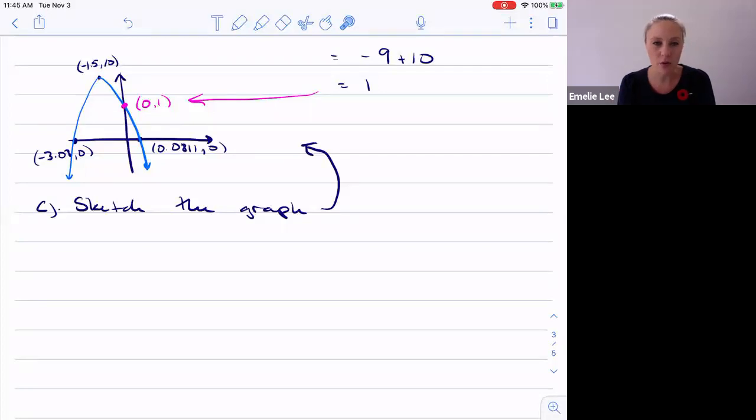We've got the shape going down, just like we expected. From here, we can find the domain is all real numbers. As a rule, quadratics always have a domain of all real numbers, so from negative infinity to positive infinity. And then the range is just looking at the y values. It looks like the range goes from negative infinity up to and including 10. It always includes the vertex, whether it's the maximum or the minimum.